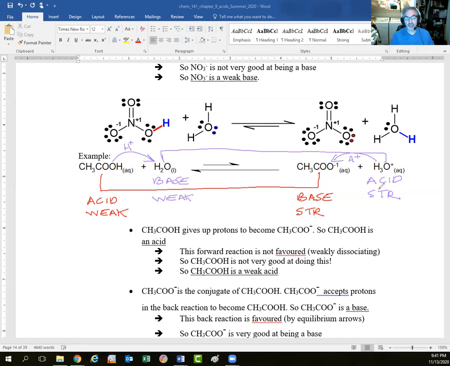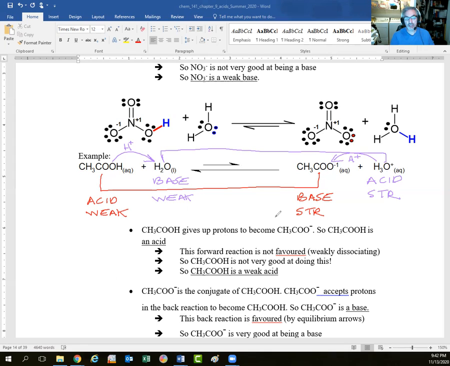For completeness, with a conjugate pair, if we have a strong acid, its conjugate partner is a weak base. And if we have a weak acid, its conjugate partner is a strong base. The conjugate pair are part of opposing, competing reactions from left to right and right to left. So only one of them can be winning. Only one of them can be good at their job.